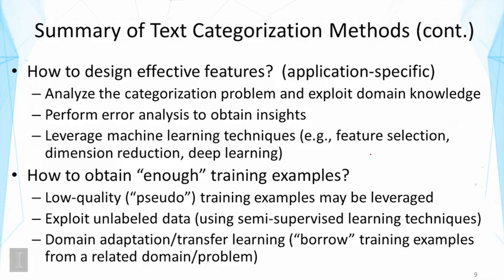Another idea is to exploit the unlabeled data, and there are techniques called semi-supervised machine learning techniques that can allow you to combine labeled data with unlabeled data. In our case, it's easy to see the mixture model can be used for both text clustering and categorization.